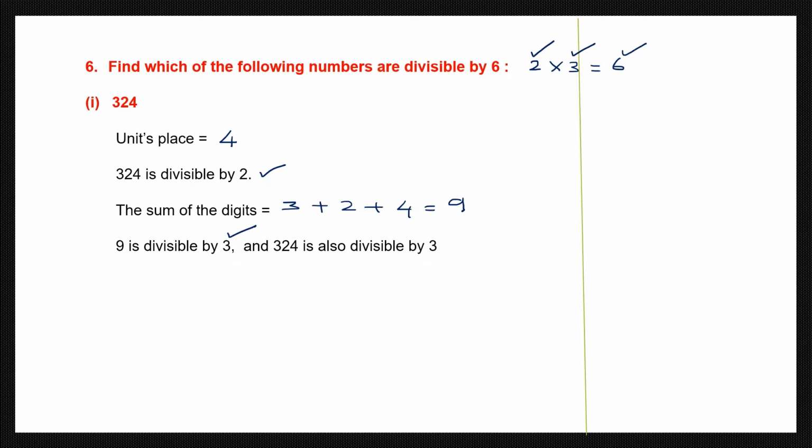If the number is divisible both by 2 and 3, then we say that it is divisible by 6. So now we say it is divisible by 6. So finally, this number 324 is divisible by 6.